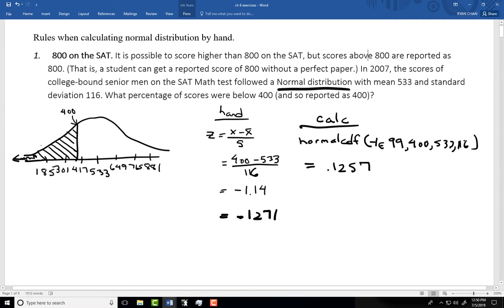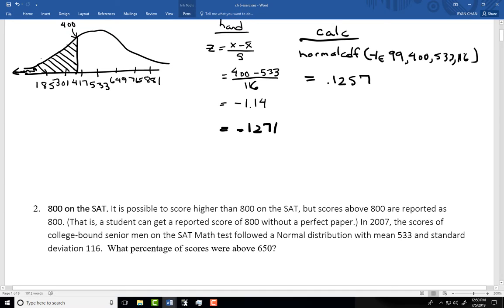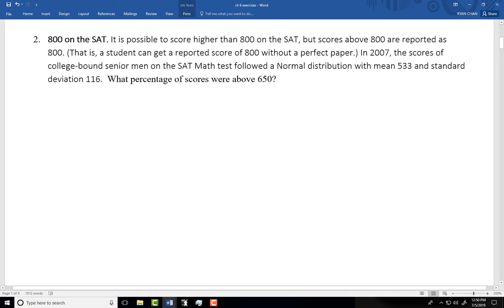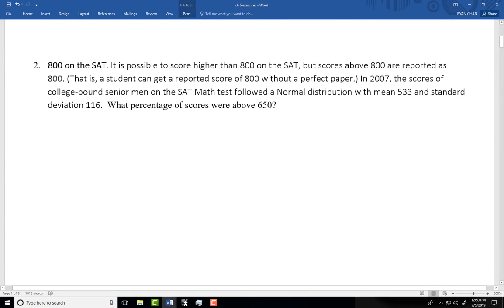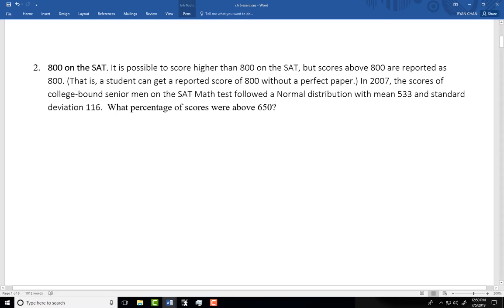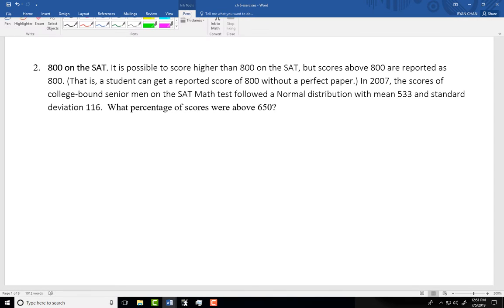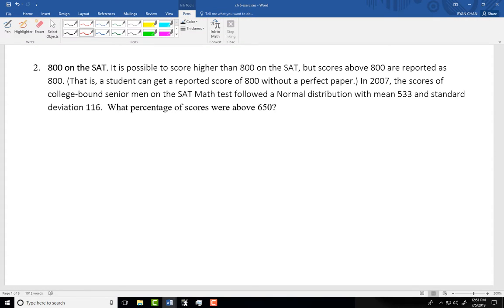Now, let me show you two more examples for this here. So if you look at this problem here, we're going to do the same type of problem. We're doing number 2, and the only thing different is the question's a little bit different, but my parameters are still the same.